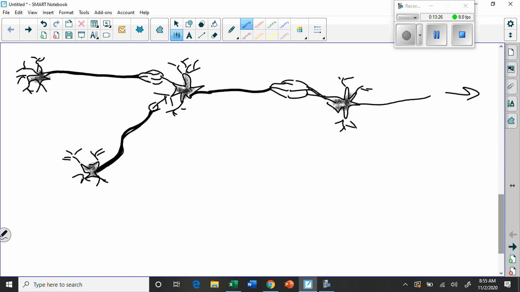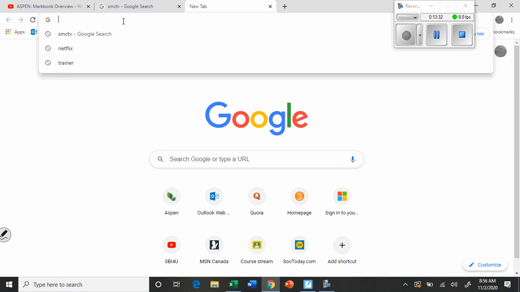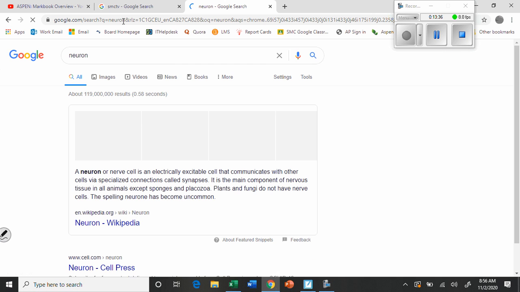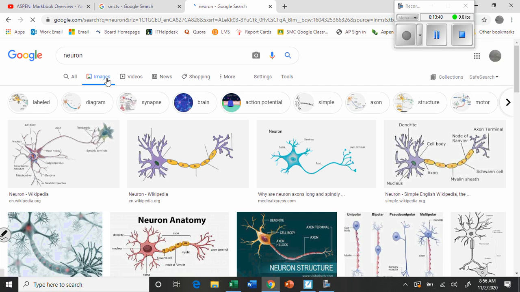We might be able to go to Google and just quickly look up a neuron, and you can see actual images of them. Let's go to images. These are all sort of diagrammatic images.